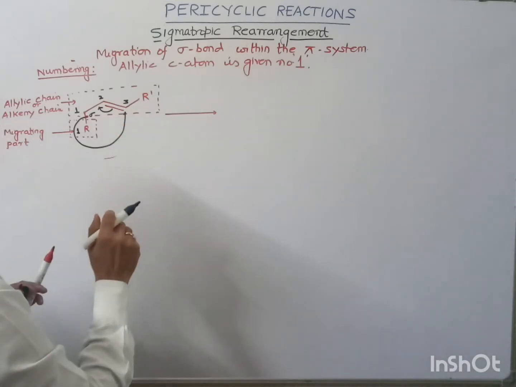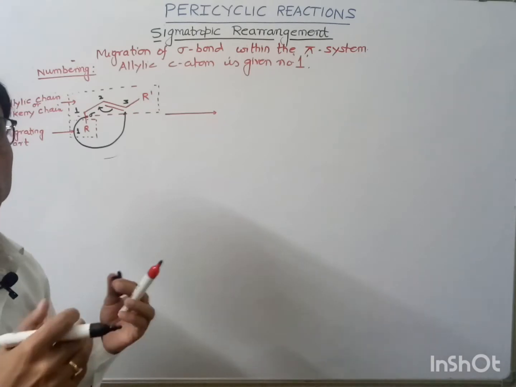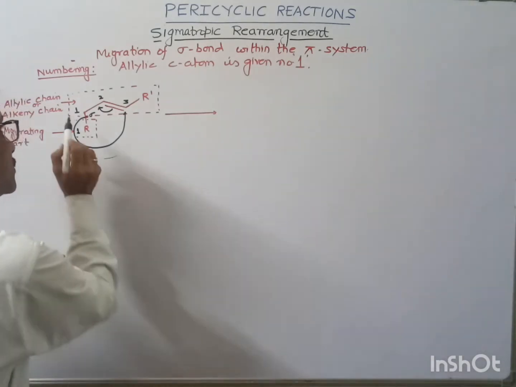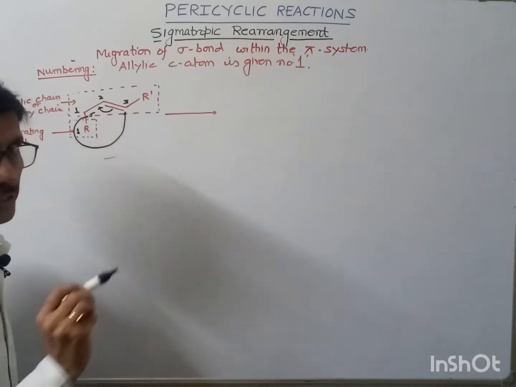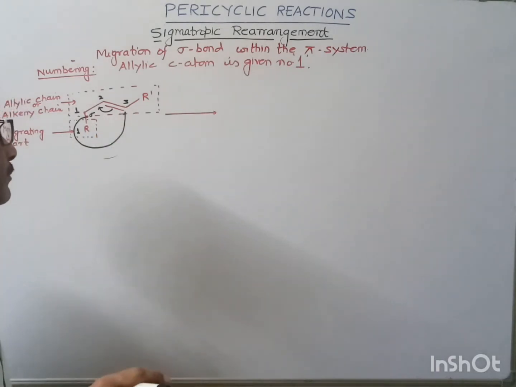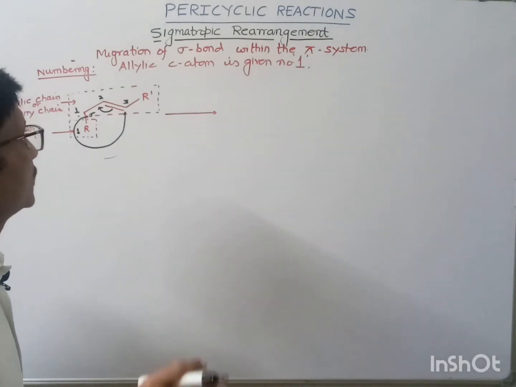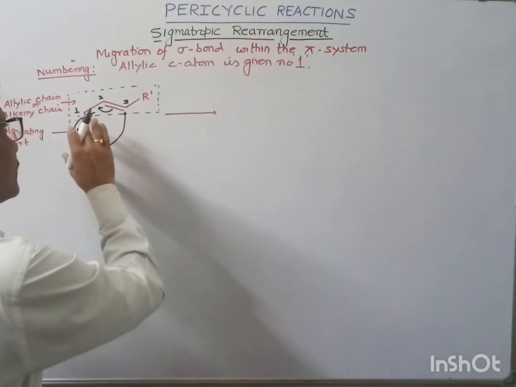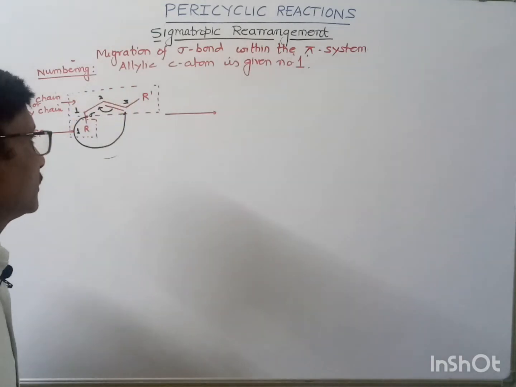Otherwise, we may see that the migration occurs from the saturated to the unsaturated part. So this is the saturated carbon, and migration takes place to the unsaturated carbon. Usually in sigmatropic rearrangement, the migration takes place from saturated to unsaturated carbon.